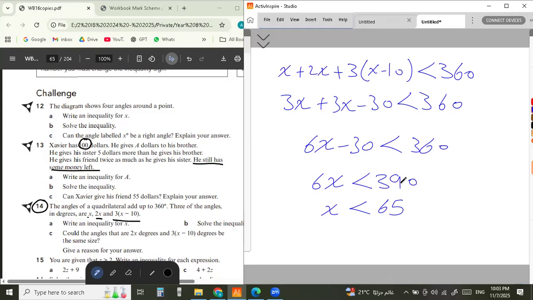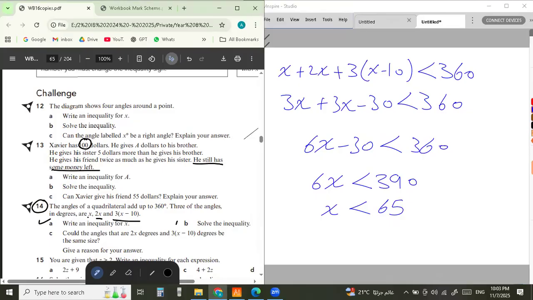Okay, let's get back here to the question. Write an inequality, done. Solve the inequality, done. Could the angles that are 2x degrees and 3x minus 10 degrees be the same size? They're telling you right now, could this be equal to this?